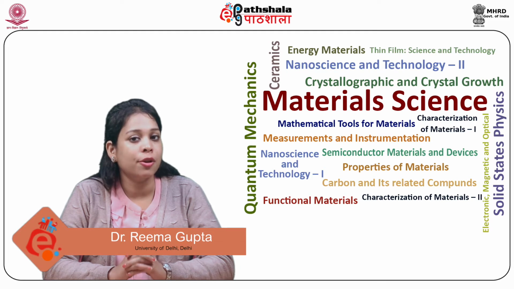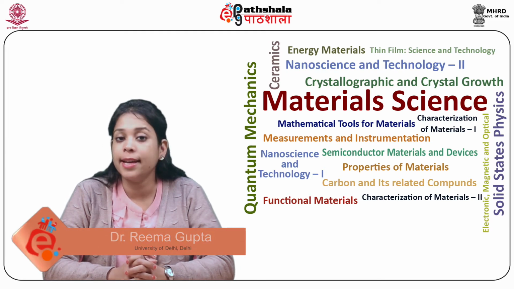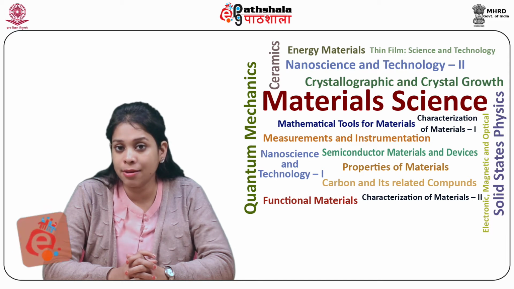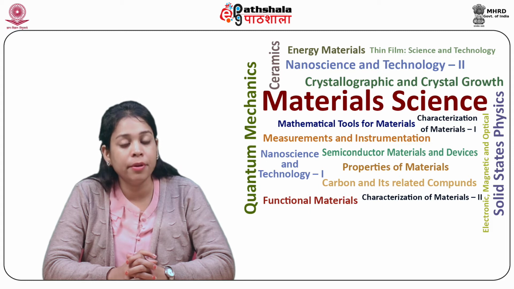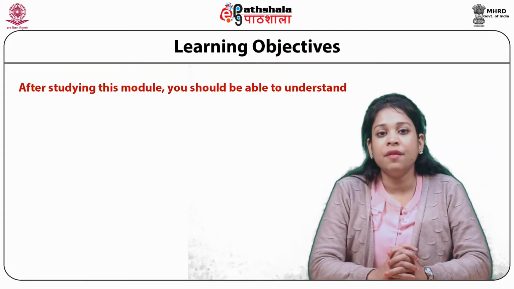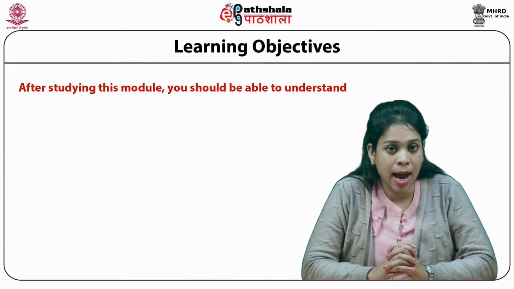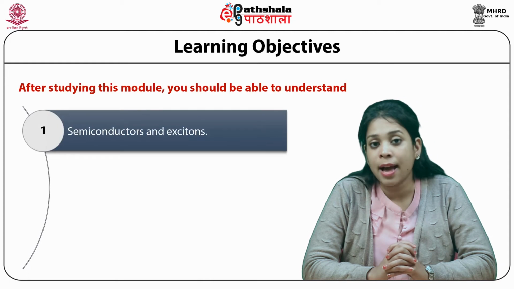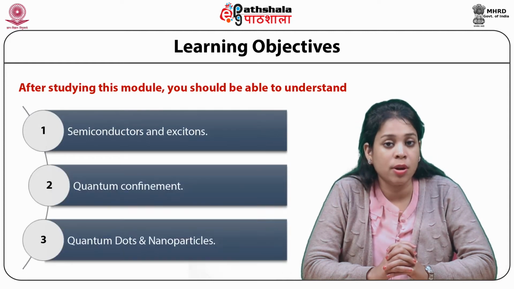So today we are going to discuss the module Excitons and Excitonic Bohr radius, energy levels splitting, from the paper Nanoscience and Nanotechnology 1. After studying this module, you should be able to understand semiconductors and exciton, quantum confinement, quantum dots and nanoparticles.